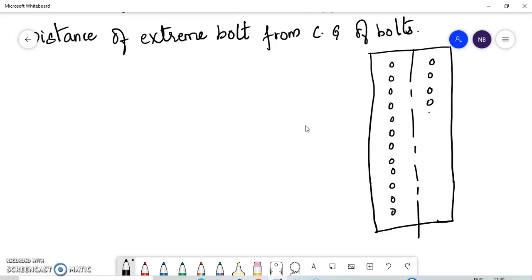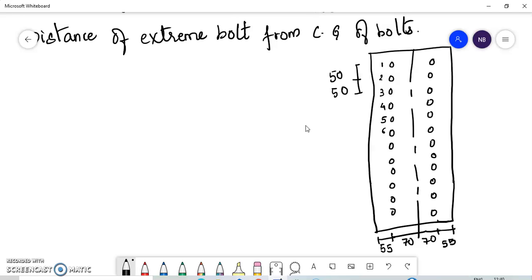So 12 in each row, total 24. Now note here, in this case our value of R is going to be different. So this we had taken is 55 and this is 55. So this is 70 each. Also we had taken the pitch as 50 mm.